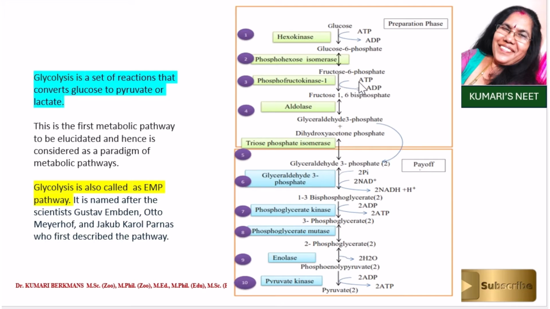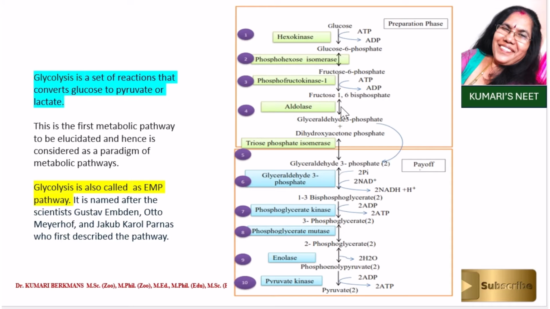So here one ATP is taken and that is converted into ADP. So fructose 6-phosphate is converted into fructose 1,6 bisphosphate. Keep in mind, carefully listen. The fructose 6-phosphate is converted into fructose 1,6 bisphosphate. Here the enzyme involved is phosphofructokinase.